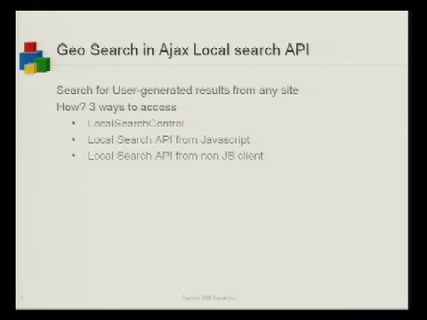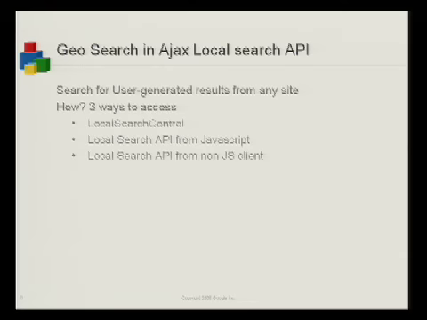So my name is Mano Marks. I'm a developer programs engineer at Google, which means it's my job to help you do stuff. So I just want to go over a couple of the new things, and then I'm going to plunge into how that actually works on sitemaps and how to optimize your KML and GeoRSS for use with sitemaps.